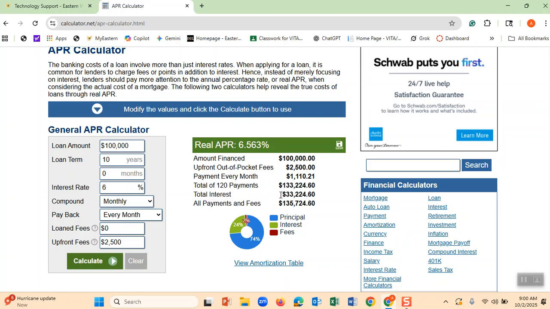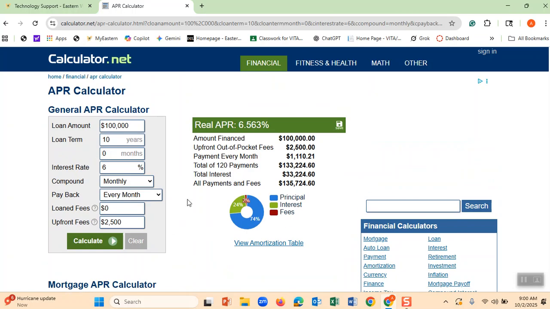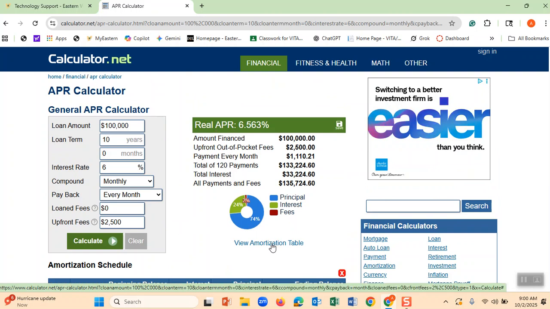Out of this much, $333,224 you pay for the interest, and the rest of it, which is $100,000, goes for the principal. And when we calculate, this number that you saw will come up, and then I will click on the amortization table as well.